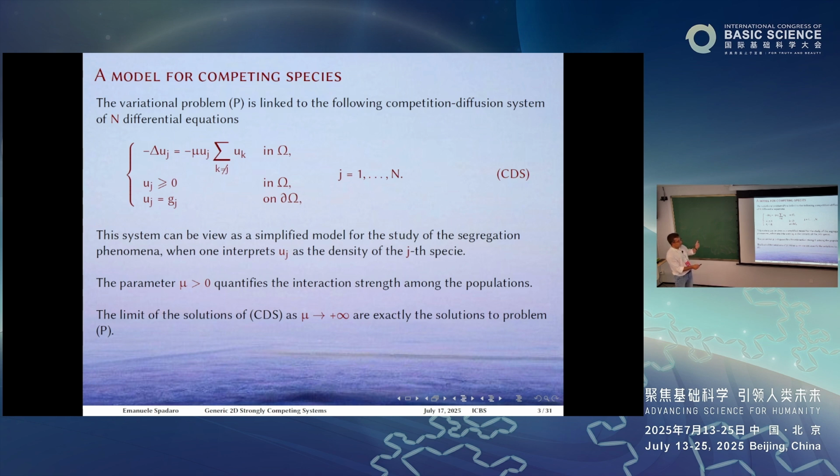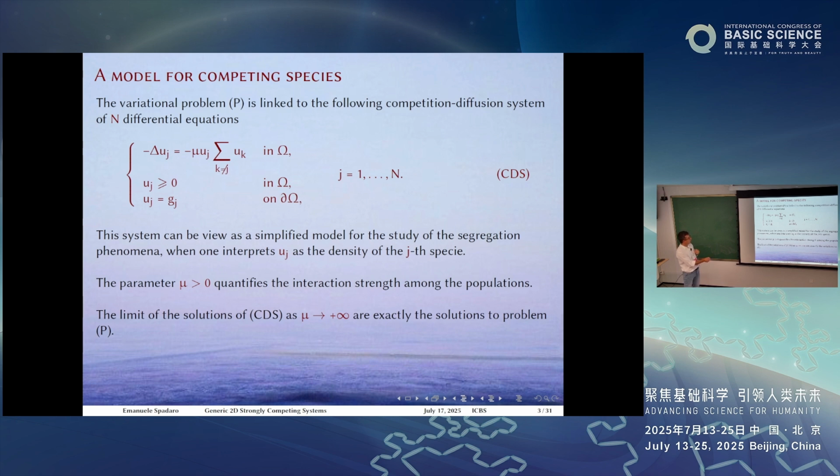They stay in equilibrium, but the interaction of a species with the other ones is penalized. And mu is a coefficient which quantifies the strength of this interaction. So these are n different species competing in the same environment, and they compete for the same resources.